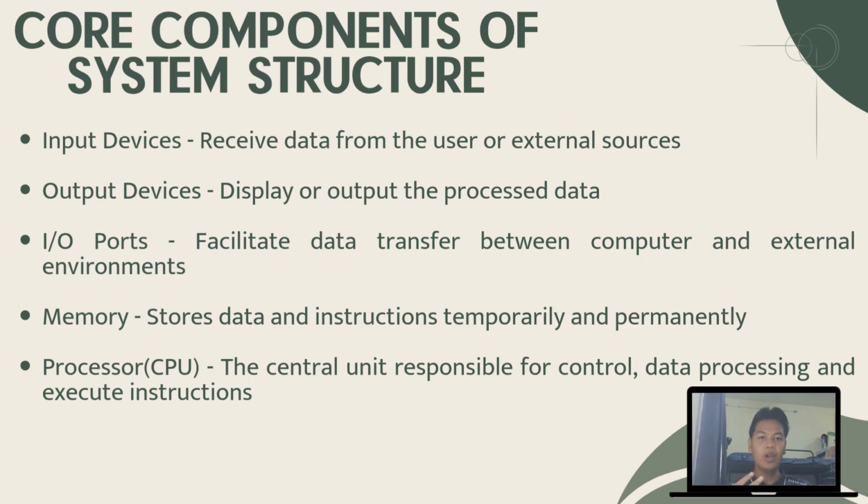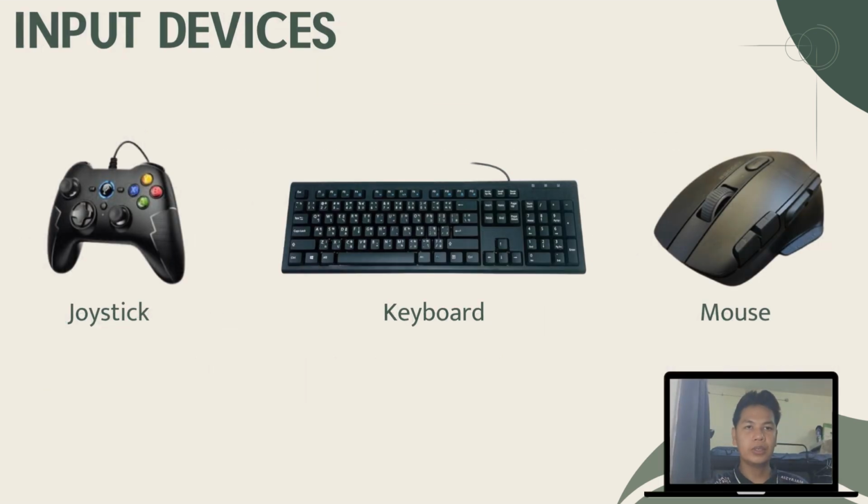Number 4, we have memory, which is to store data and instructions temporarily and permanently. And the last one, we have the processor or CPU, which is the central unit responsible for control, data processing, and executing instructions.